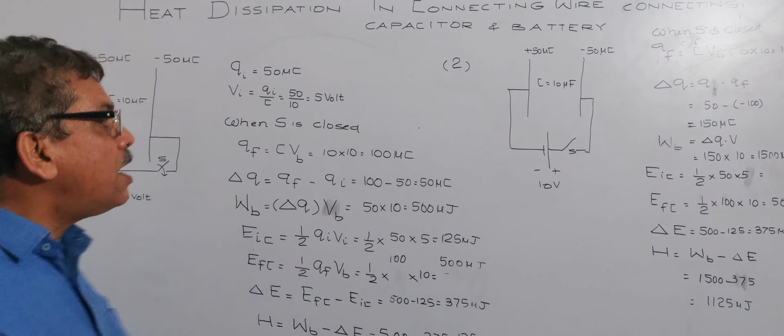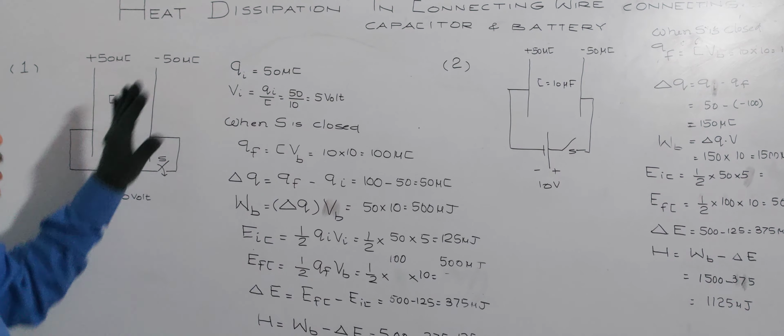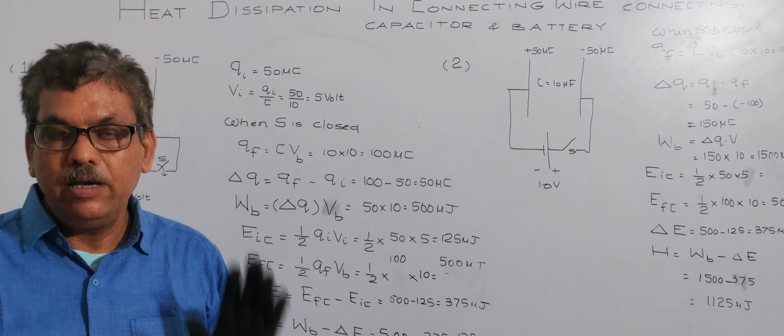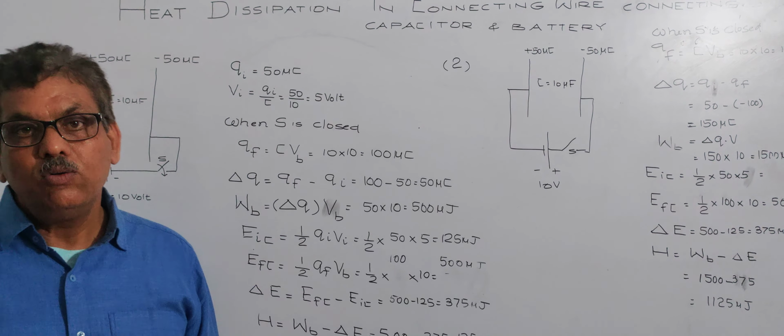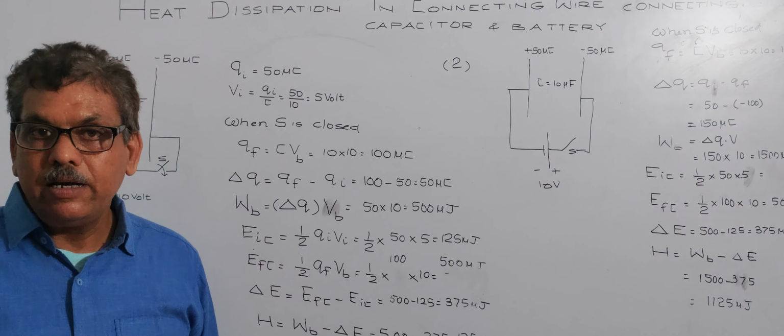Now let us take the third example, when the two plates of the capacitor do not have equal and opposite charges, but unequal charges, and now they are connected to the battery. Then what happens?